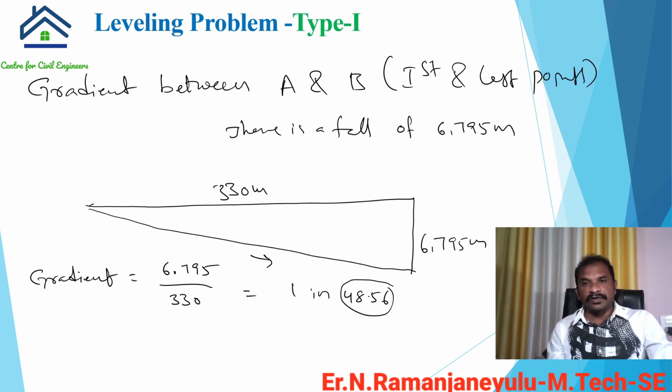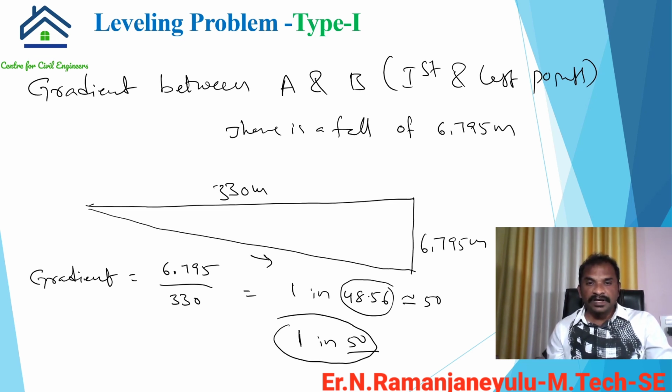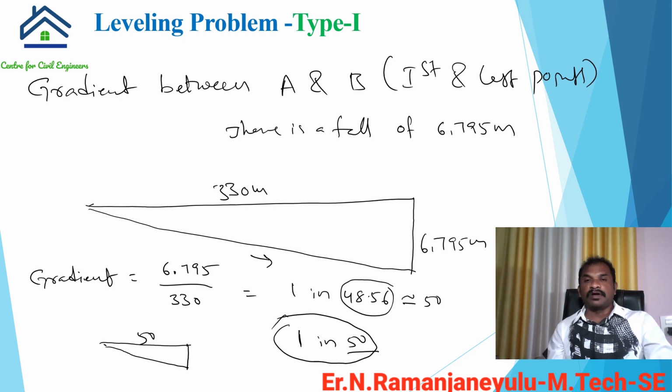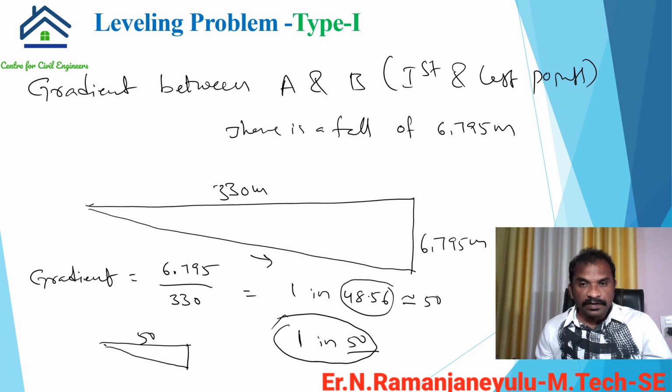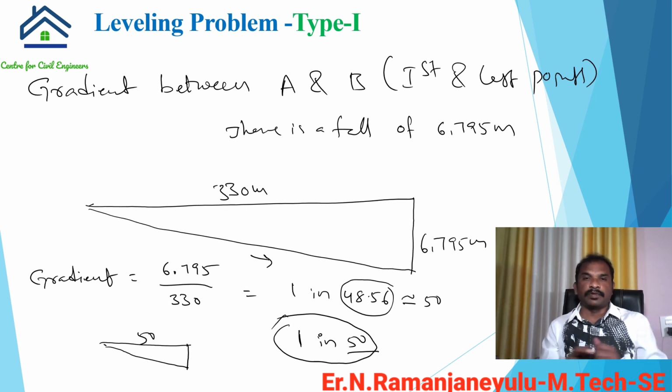You can round it to 50. The gradient is 1 in 50. For every 50 meters horizontal, there is a 1 meter fall. That is the meaning of the gradient. Likewise, we have to calculate the gradient in a leveling problem.